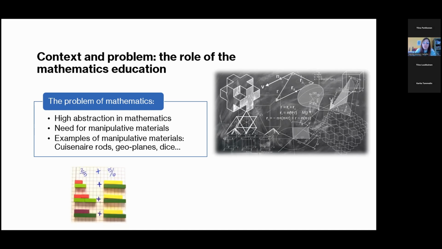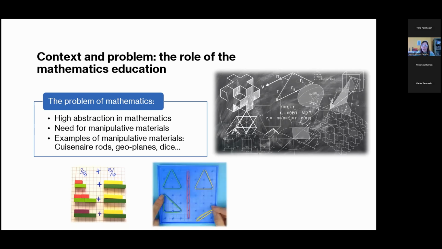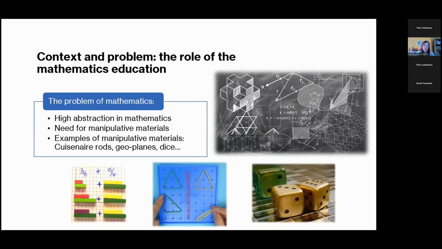These are questionnaire rods or questionnaire strips, and we can use them, for example, to work on the decomposition of numbers or to operate with numbers. We can also use geoplanes, for example, to work on isometries, or dice to calculate the probability of rolling a 5 on a die, for example. So these are some examples of manipulative materials we use in the classroom, but they are not the only ones.